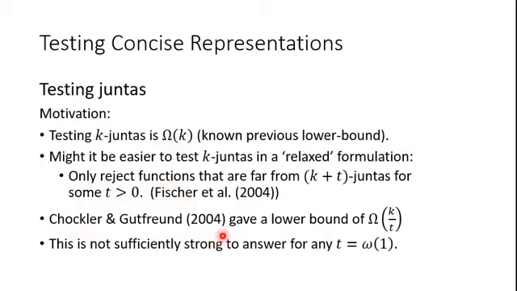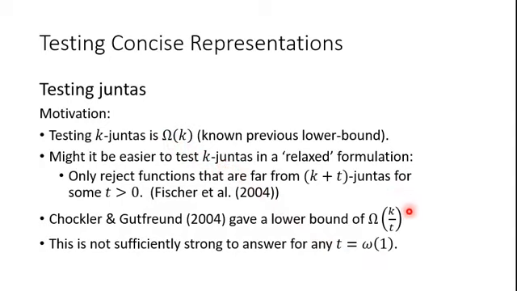And in the literature, in 2004, these two authors gave a lower bound of Omega of k divided by t. But this is not sufficiently strong to answer Fischer et al.'s question for any t that is little omega of 1. And specifically in the next few slides, we will see that it is actually asymptotically similar to testing k-hunters, which is Omega of k.